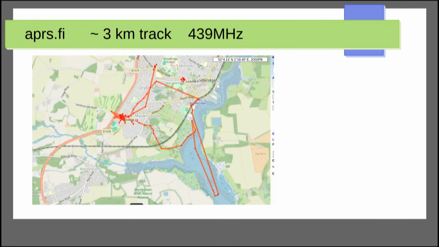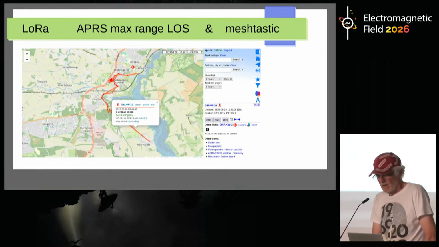So it received the signals on 439 megs, shoved them on the internet and into the server on APRS.fi. So this is the track that I made round Woodbridge. It included various forms of transport, as you can see, including the river, and that was about 3 kilometers. That, at a tenth of the power, well, probably 16 dB less power than the FM system, Meshtastic achieved pretty much the same.